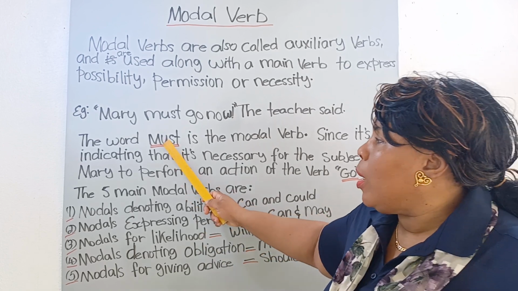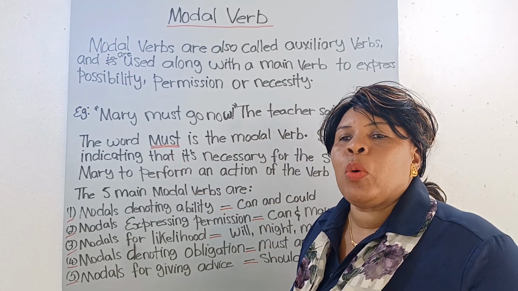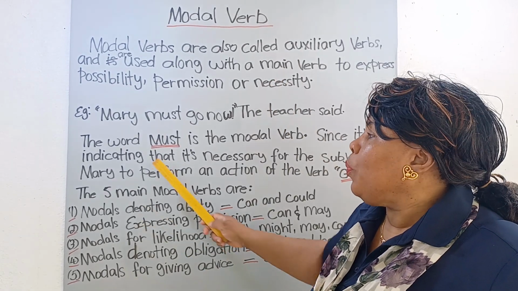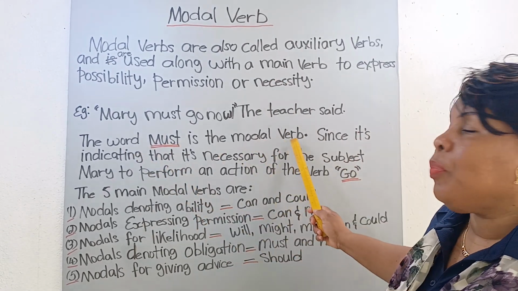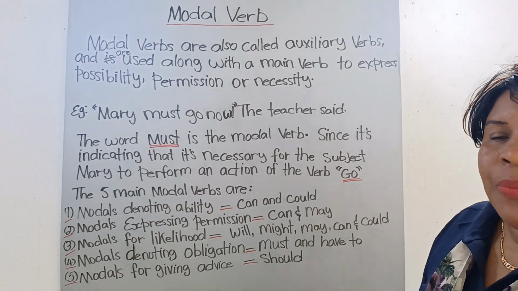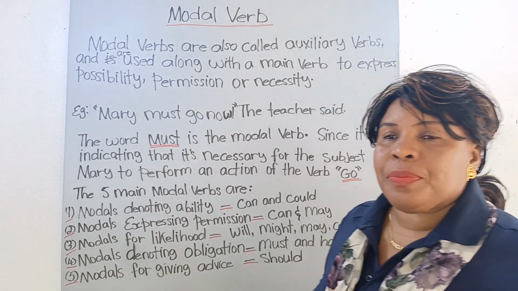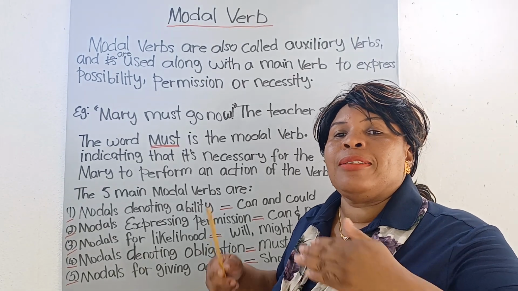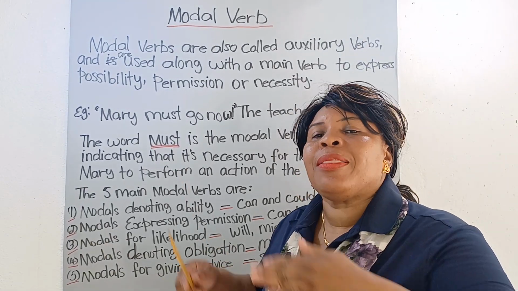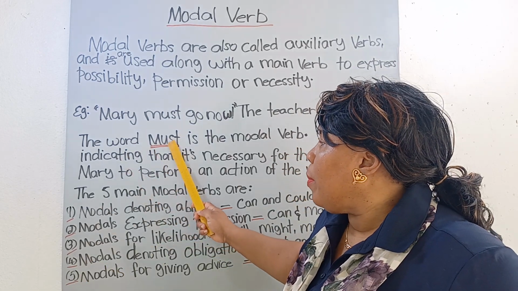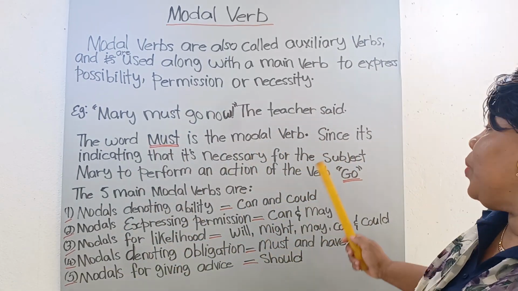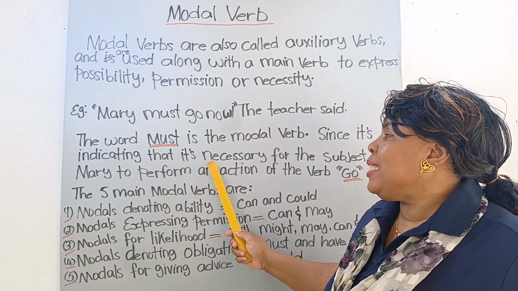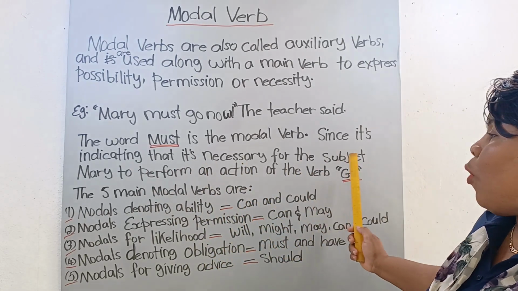So the word must is the modal verb. And remember we say auxiliary verb. The word must is the verb that is helping the main verb. It is the modal verb since it's indicating that it is necessary for the subject.